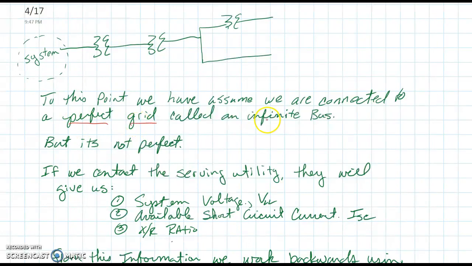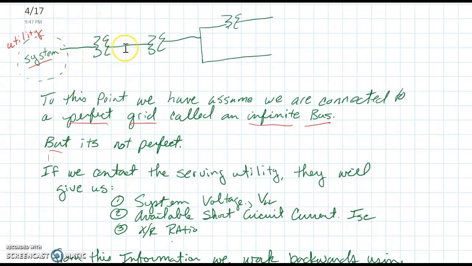That grid is usually referred to as an infinite bus. If you ever hear that term again, basically it means there's zero impedance between us and the utility grid or the system. Okay, but it's not perfect.